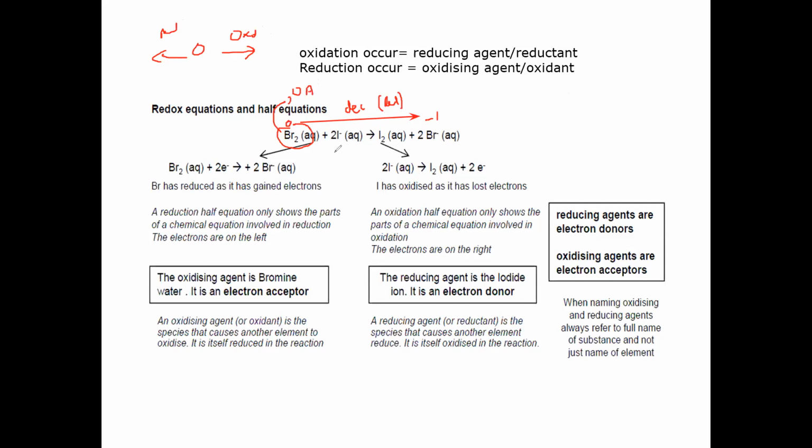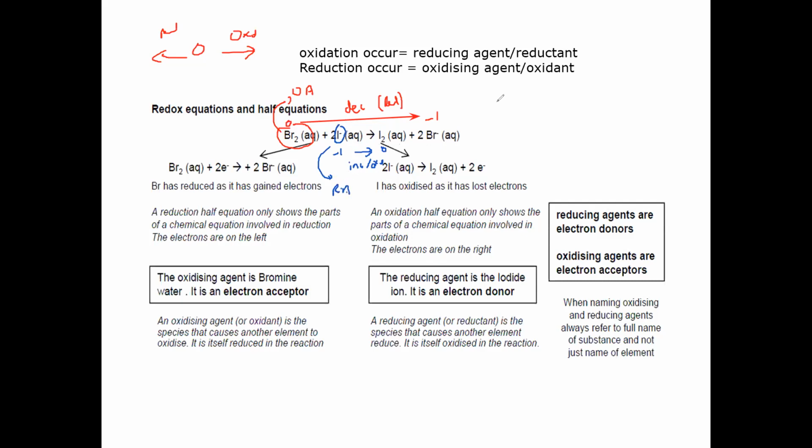In the same way, when you check iodine, iodide is -1, and this -1 changed to iodine element 0. So -1 changed to 0 means an increase in oxidation number. If there is an increase in oxidation number, we call that oxidation, and the substance is known as the reducing agent or reductant.